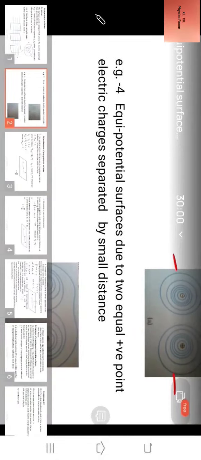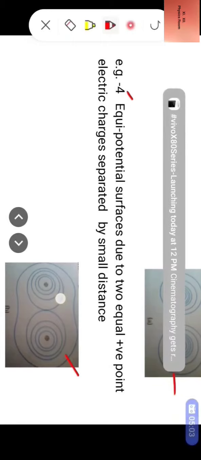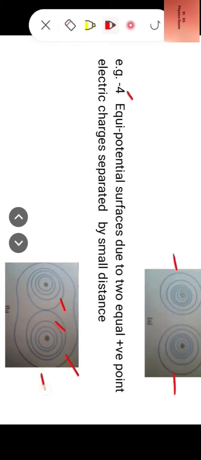Example 4, equipotential surfaces due to two equal positive point electric charges separated by a small distance are shown in this picture. And you mark the inner part. Here the spacing between spheres is increasing and outside it is decreasing, just the reverse of the above case.